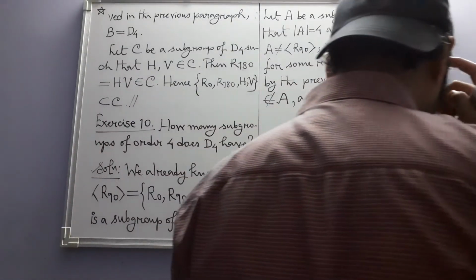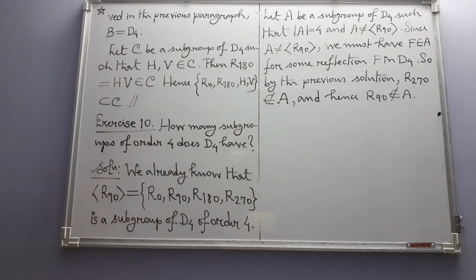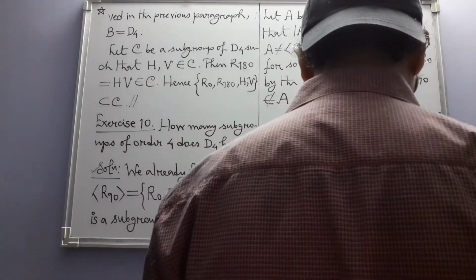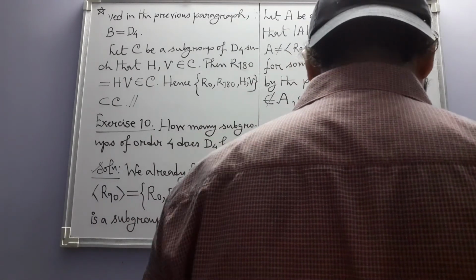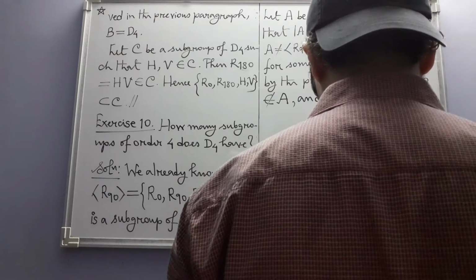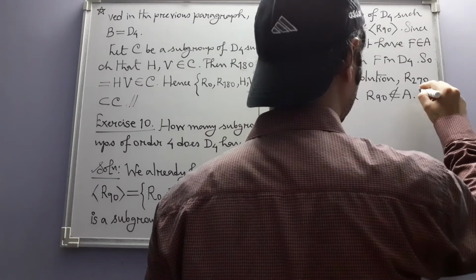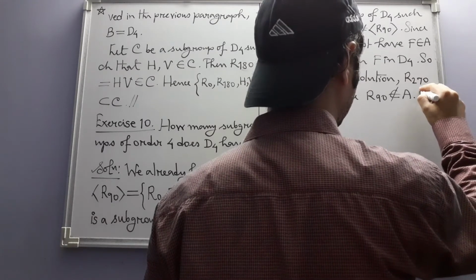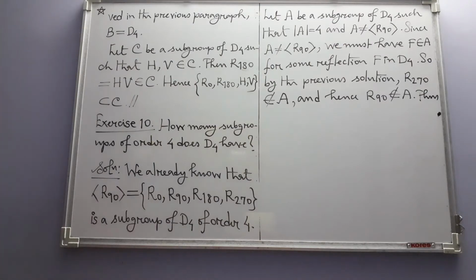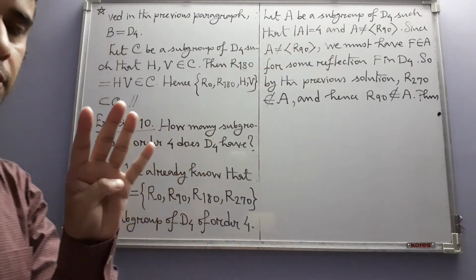Now we claim that A must have R180 no matter what, and we want to substantiate this claim. Let us look at the number of elements in A. A has 4 elements.